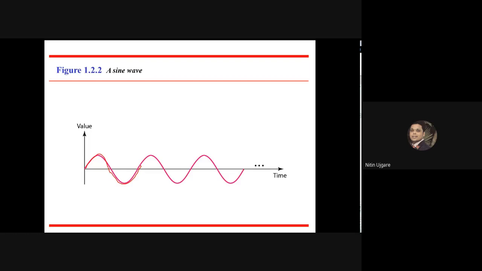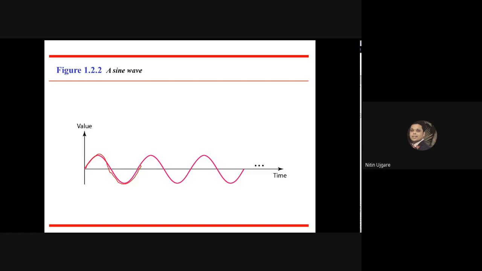A sine wave can be represented by three parameters: the peak amplitude, the frequency, and the phase. Remember, I will repeat it. These three parameters are used to represent a sine wave, mainly amplitude, frequency, and the phase of your sine wave.